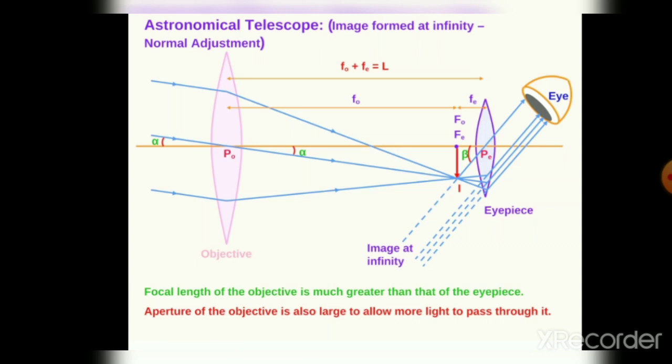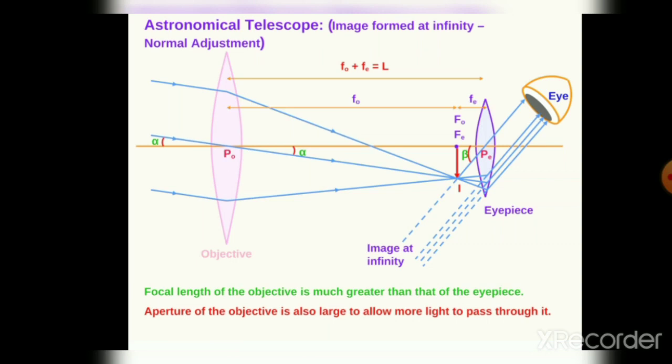Such bodies, in spite of being huge and very far from us, look very small and close to each other to our normal eye. But there is a difference when you see through a telescope. You can see in the diagram, two convex lenses are kept in such a way that their principal axes coincide.